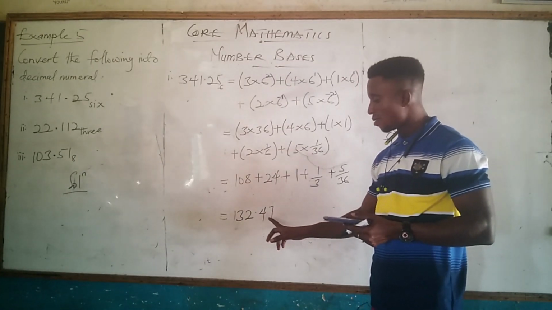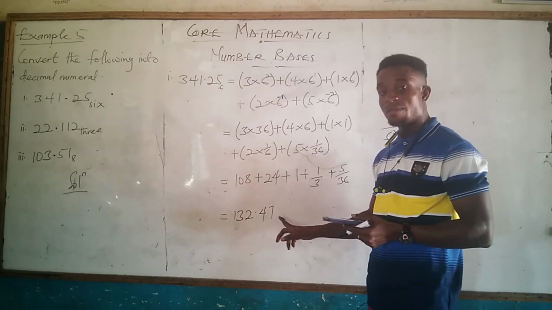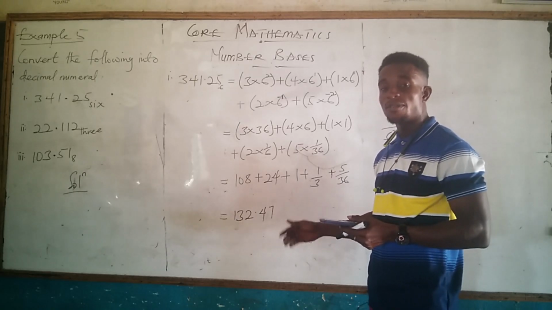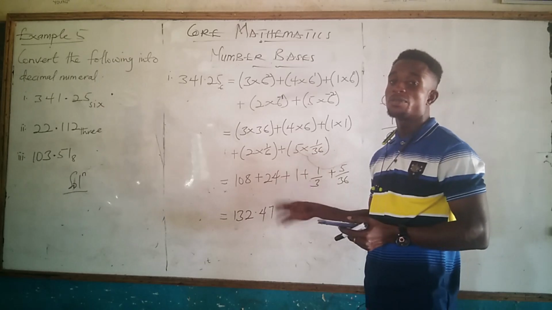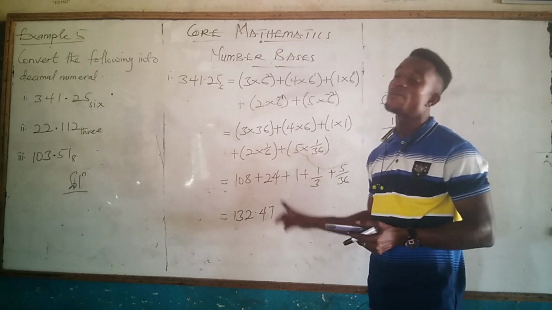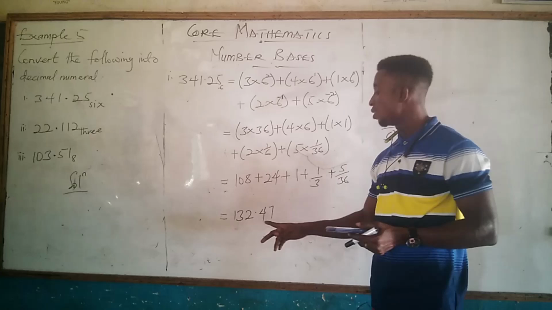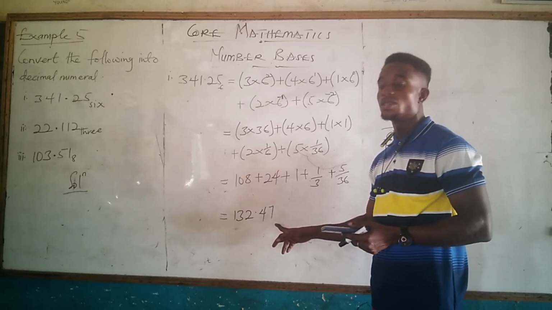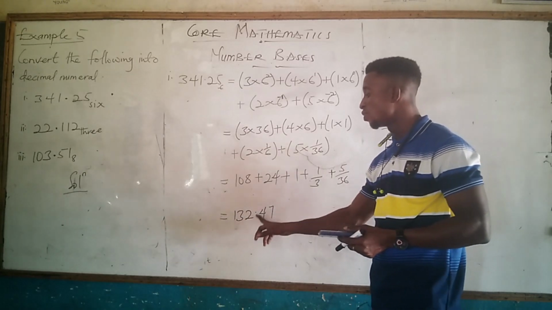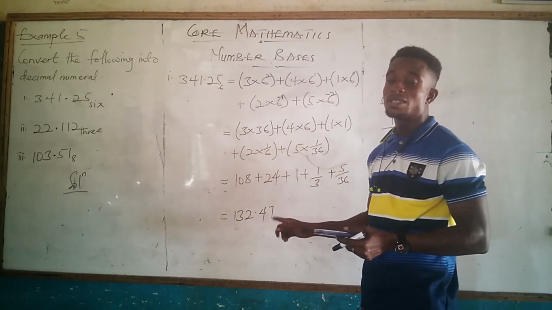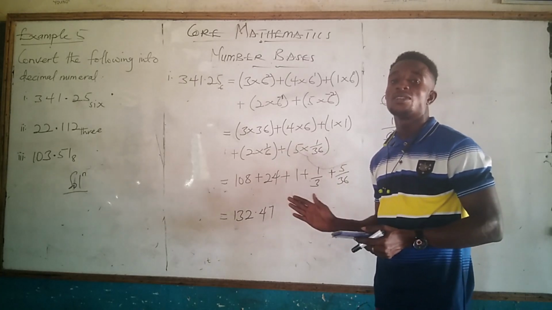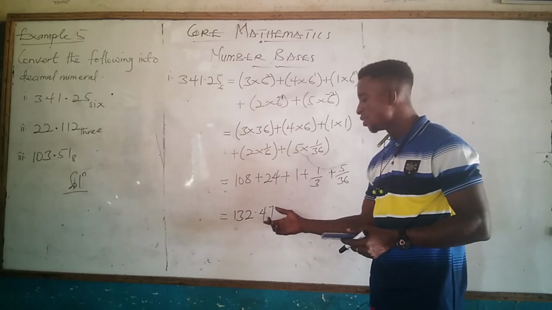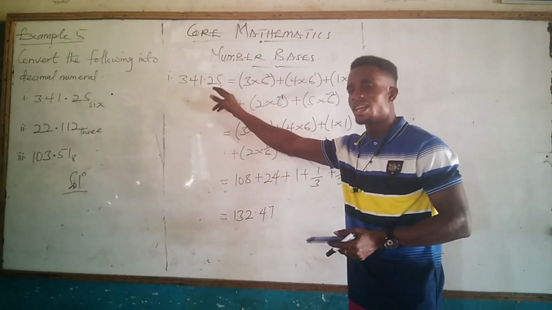Right after the 7, the number there is less than 5, so we just throw them away. We don't add. But if it is more than 4, meaning from 5 going up, we add 1 to this one. So that is why we wrote 132.47. Do we get that? Rounding of numbers. Somebody can leave it to 3 decimal places, but we are basing on that.